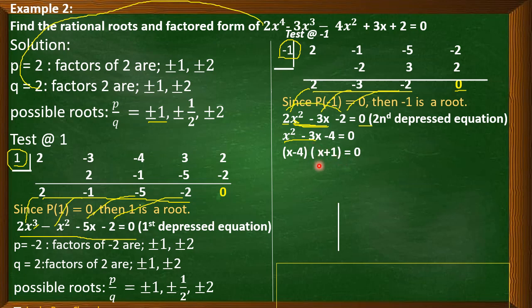Next, we have to divide the constant term of its factor by 2. Why 2? Because 2 is the value of our leading coefficient here. So we have to divide negative 4 by 2 as well as 1 by 2.